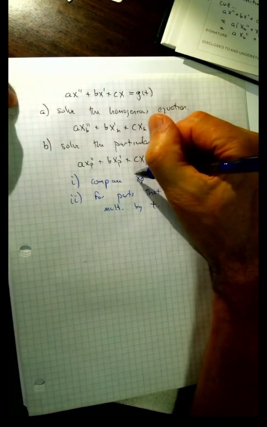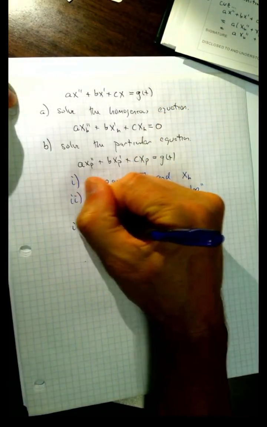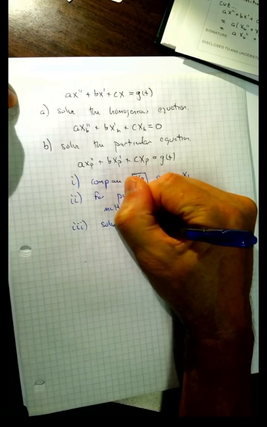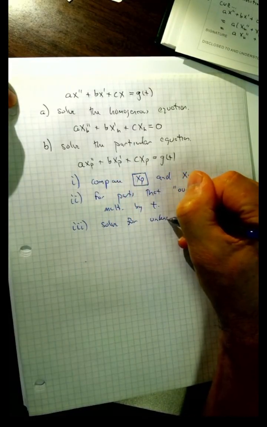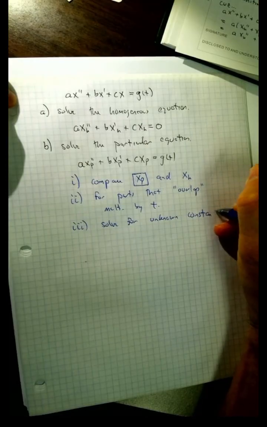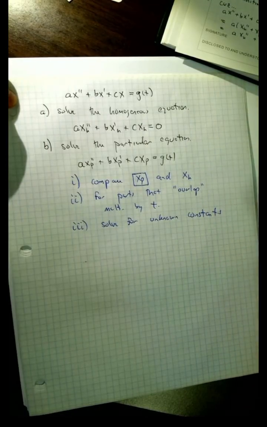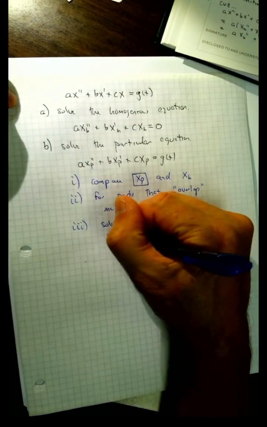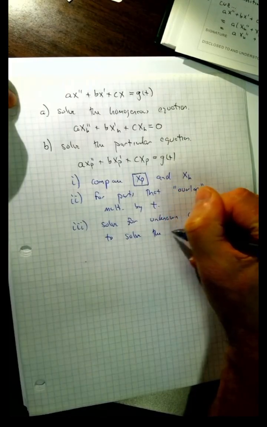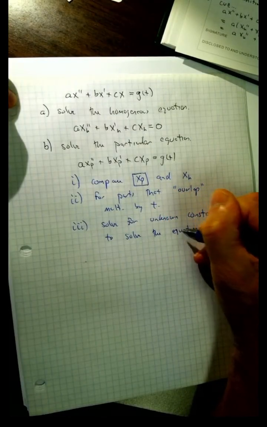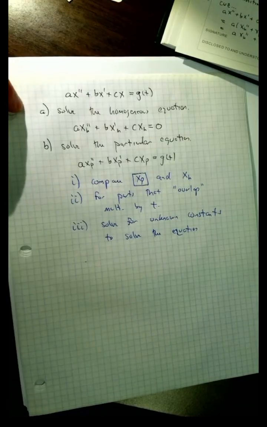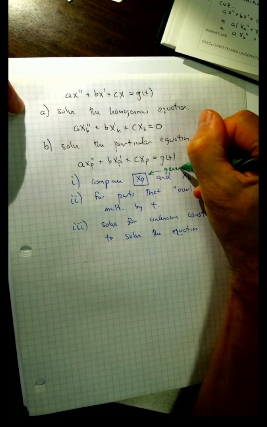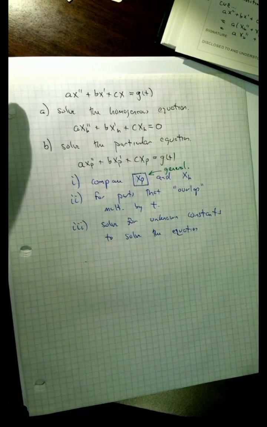Okay, and this is the guess for our xp. And then once we do this, we plug our guess for xp into the original equation, and we solve for any unknown constants to solve the equation. So our guess for xp is going to be a very general thing with lots of unknown parameters, and we're going to plug it into the equation and ask what it implies and figure out if we can figure out what those parameters are.